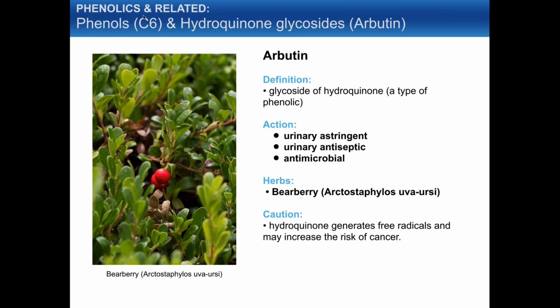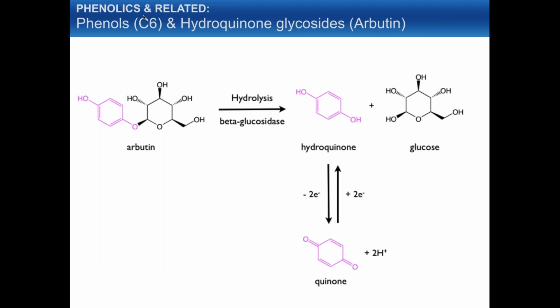So the way that this guy works is you can find the compound arbutin in it, and what this purple thing is is a hydroquinone, and there's a sugar attached. When you attach a sugar to this compound, it makes it relatively safe and stable because with that one OH group occupied on the hydroquinone molecule, it can't readily accept and donate electrons. It affects its reactivity.